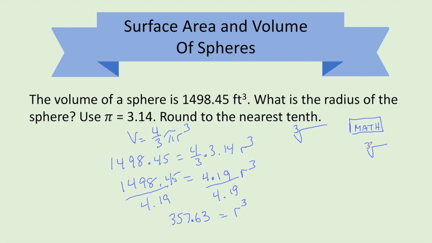So you're going to highlight that button, and then you're going to type in this number here. And we're going to get 7.098, and it keeps on going, right? So we're going to round that to 7.1.